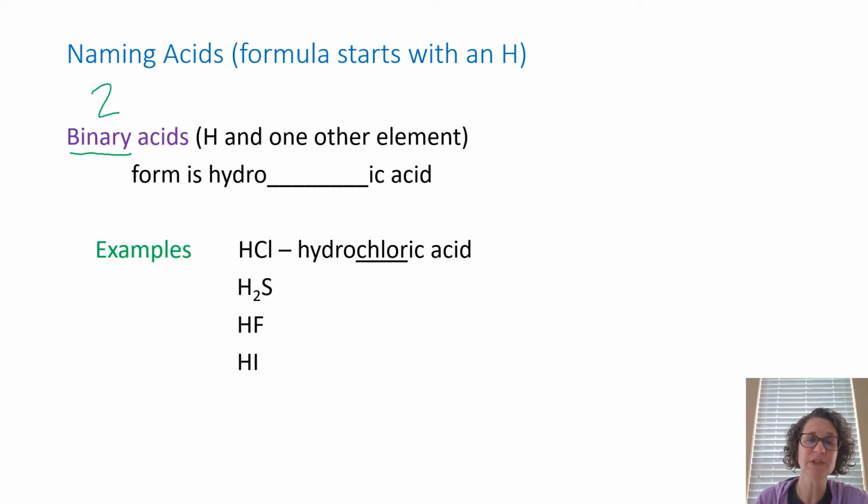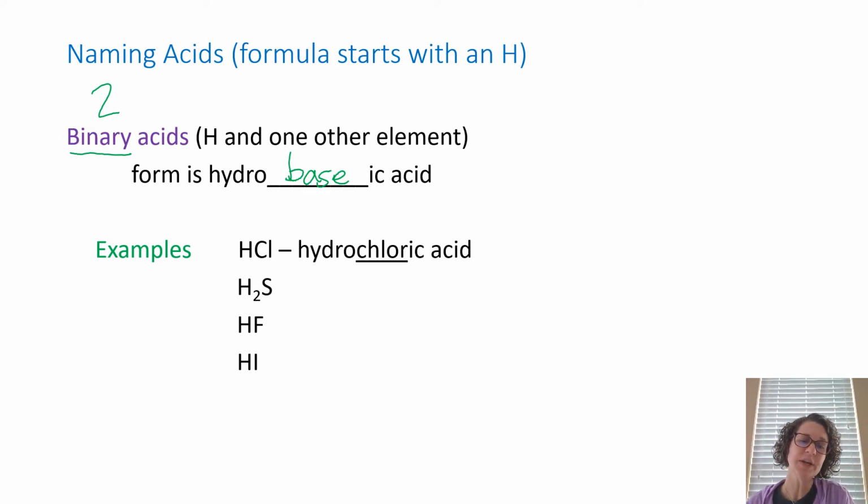And the form for this is hydro, and then you have the base of the element. I'm going to write the word base in that blank. And then you put an ic ending on it, and acid at the end. So HCl, which we have already mentioned, I've got one H and one Cl, so there are my two elements, is hydrochloric acid. So the chlor is the base.